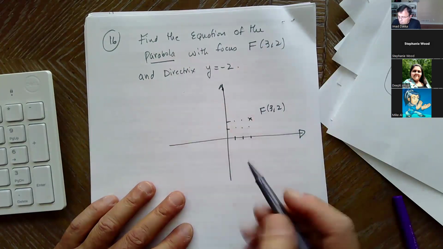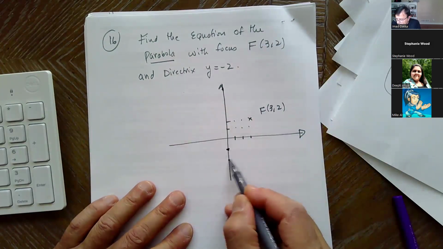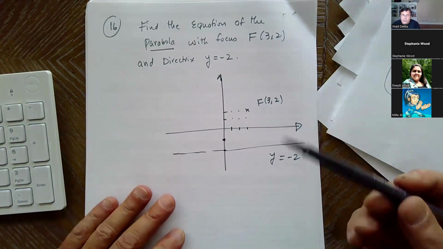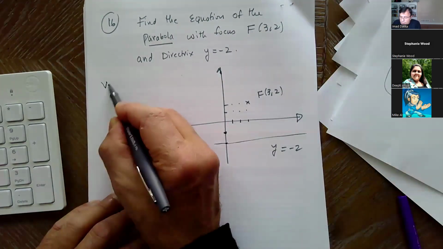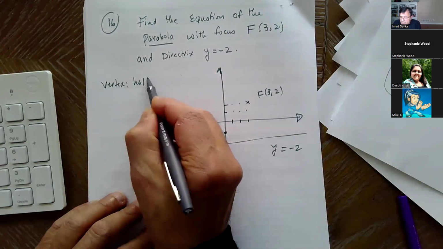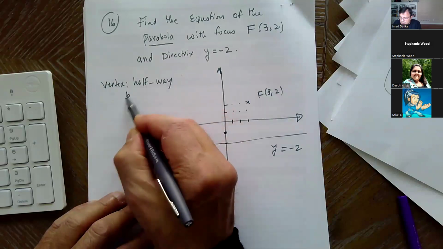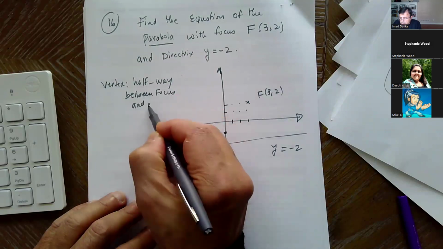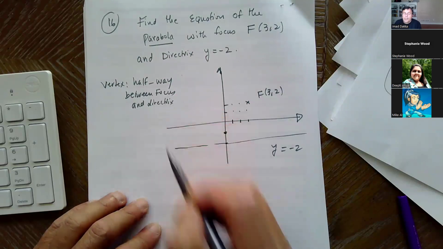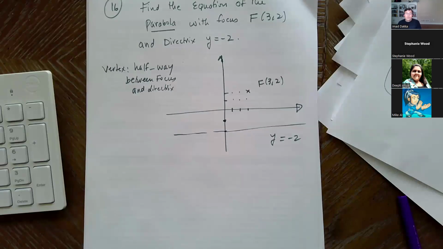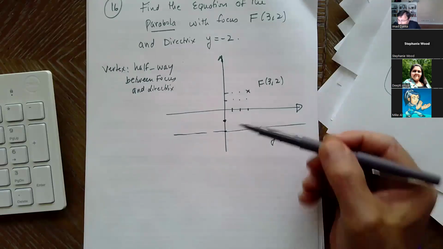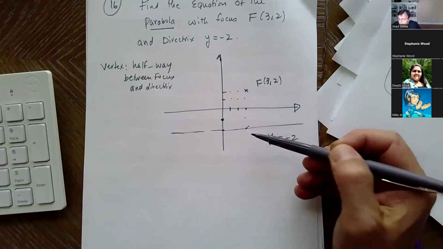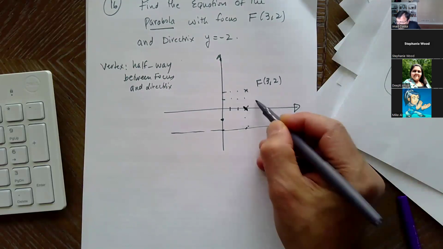And the directrix is at y equals -2. I know the vertex is halfway between the focus and the directrix. So if the focus is at 3, 2 and the directrix is 2 units away to the other side, I know the vertex is going to be at 3, 0.